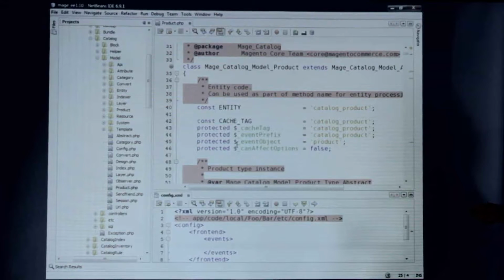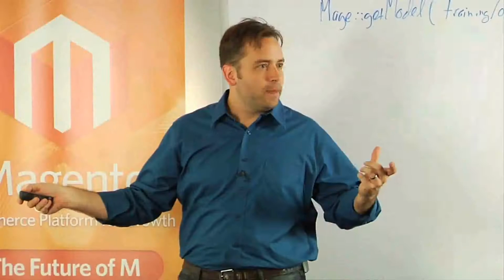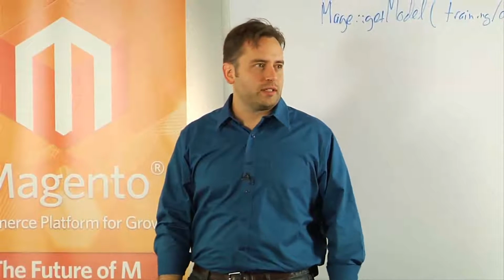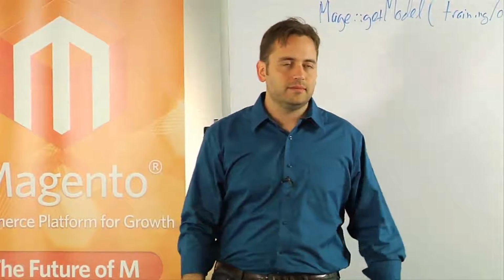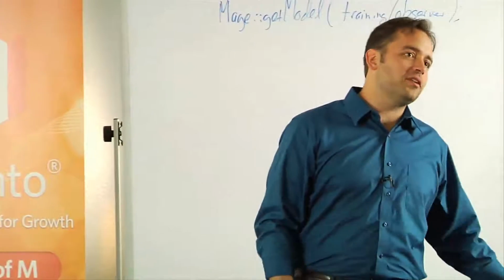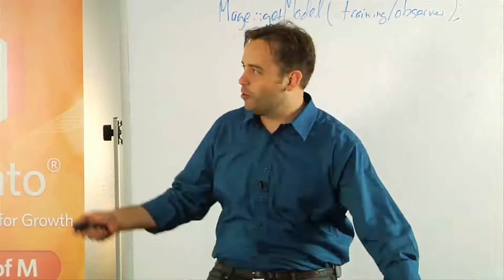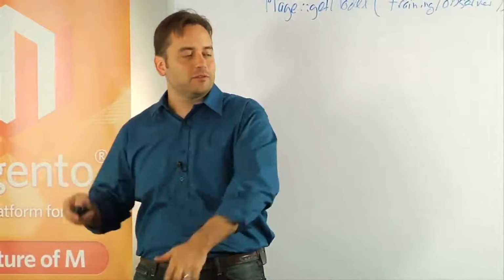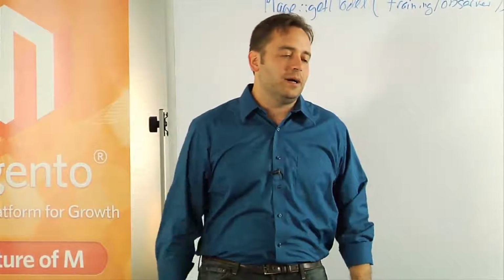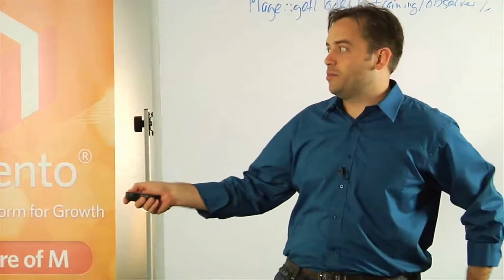So, how do I find that out? Oh, it's right here. Event prefix, catalog product. That's cool. If you don't specify the event prefix for your model, it uses, I believe, core abstract. So you may have core abstract load after, load before, or save firing if you don't specify the event prefix.